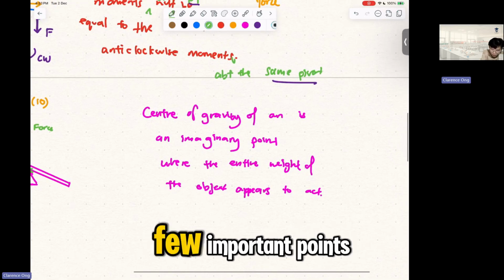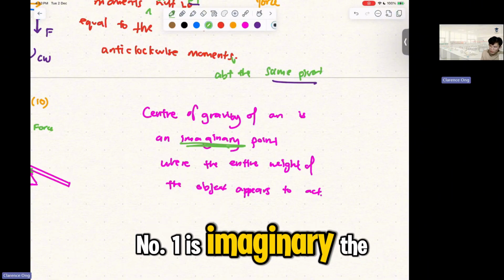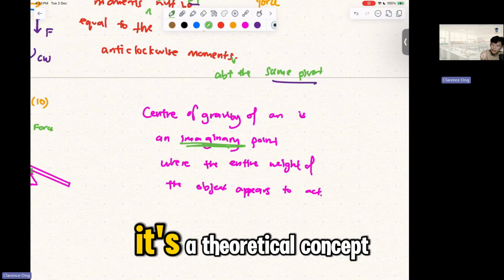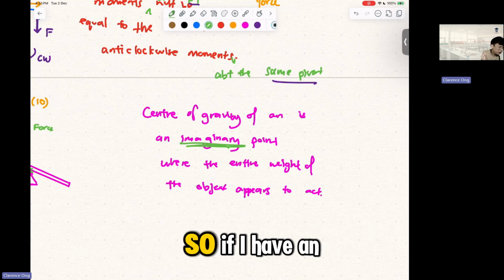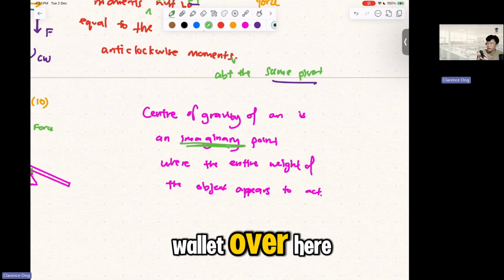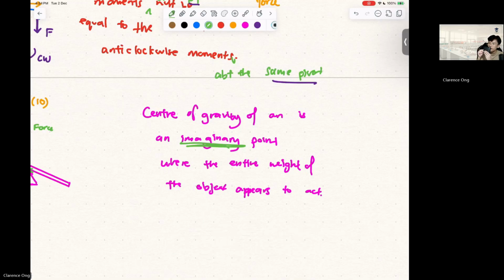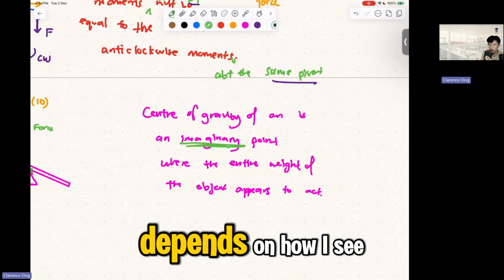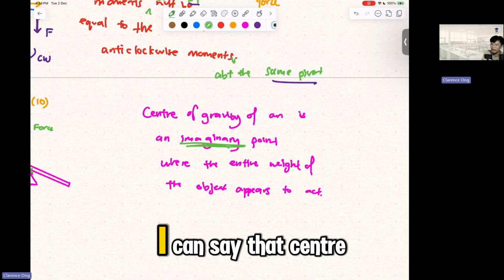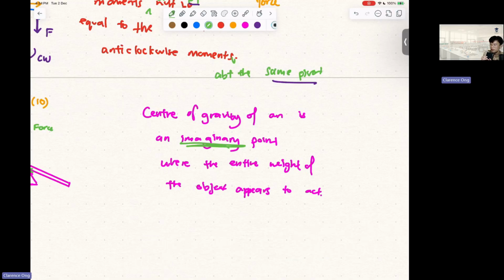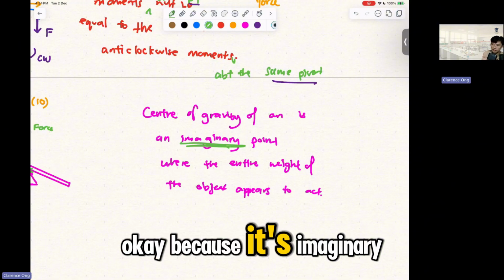Okay, let me highlight a few important points. Number one is imaginary. The point doesn't really exist. It's a theoretical concept. So if I have an object here, let's say I have my wallet over here. My wallet, whether it has a center of gravity or not, depends on how I see it. Okay, I can say that center of gravity doesn't exist, because it's imaginary.